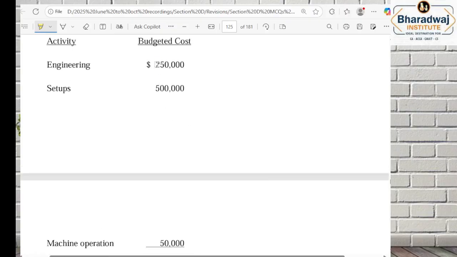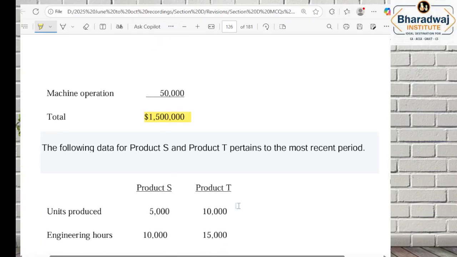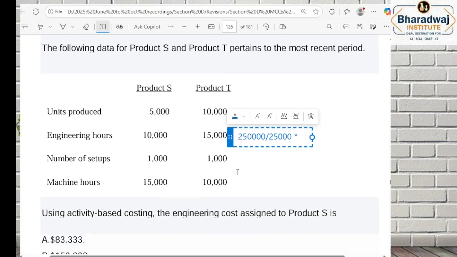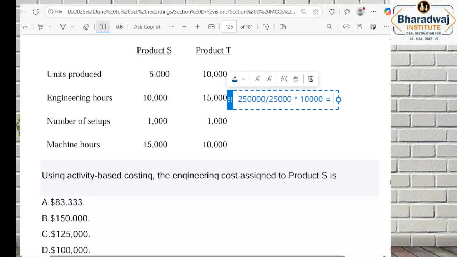So 2,50,000 divided by total engineering hours, into product X's 10,000. How much do you get? 1 lakh.